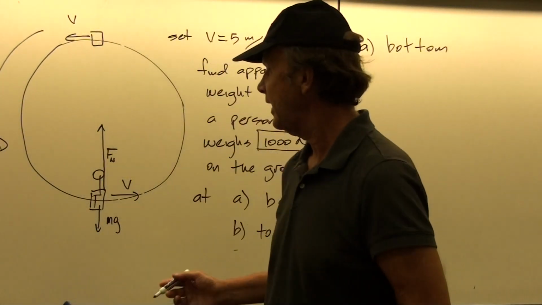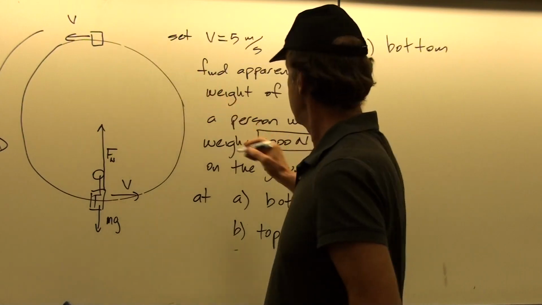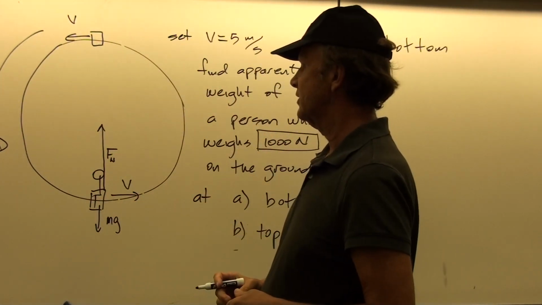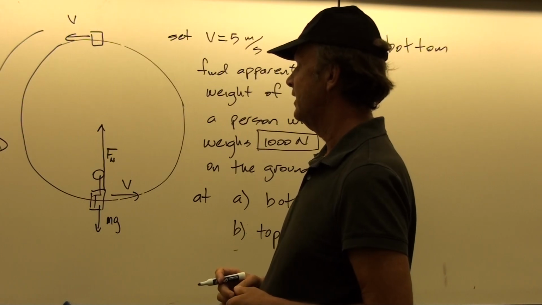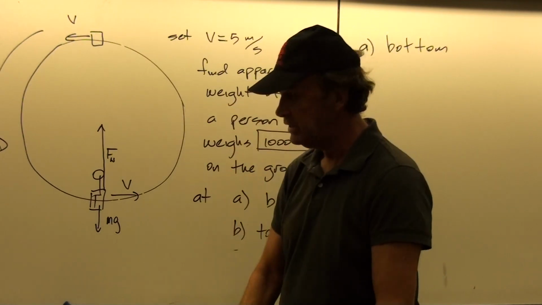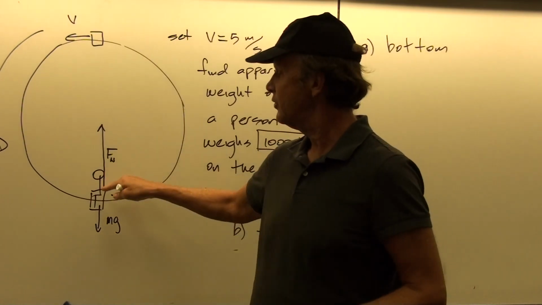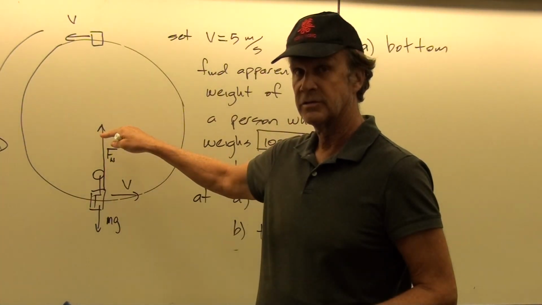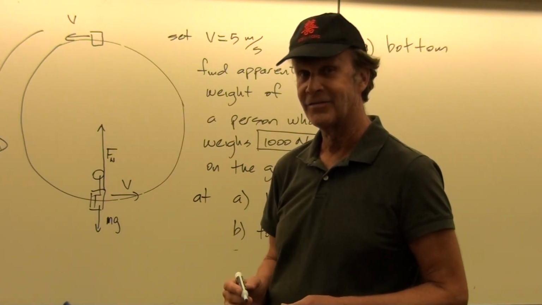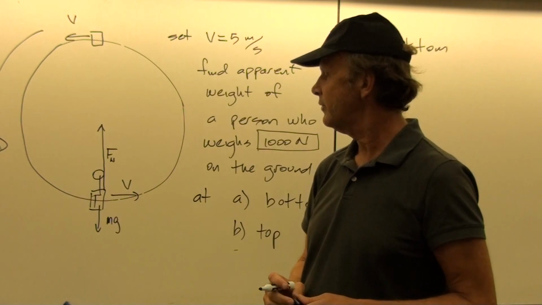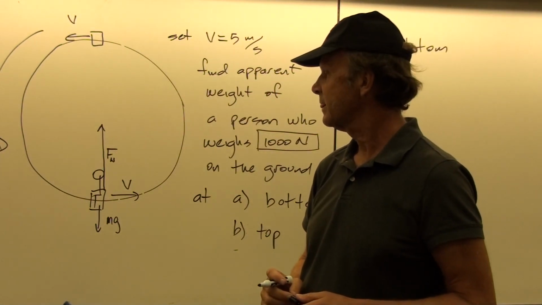How do I know that? Well, let's say there were a scale that the person were sitting or standing on. That scale would be compressed, and so the scale would push back with a force equal to the normal force. We've talked about that before with the Einstein elevator problem: the apparent weight is the same thing as the normal force in those kinds of problems.